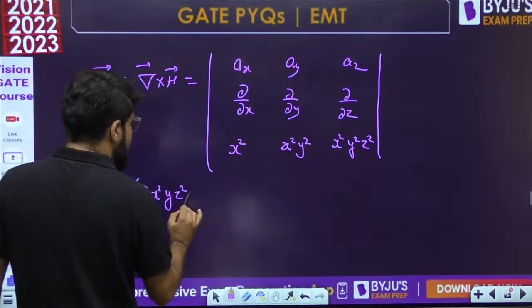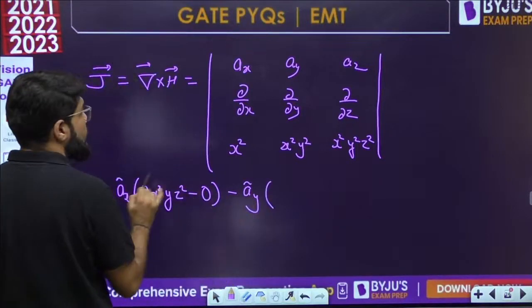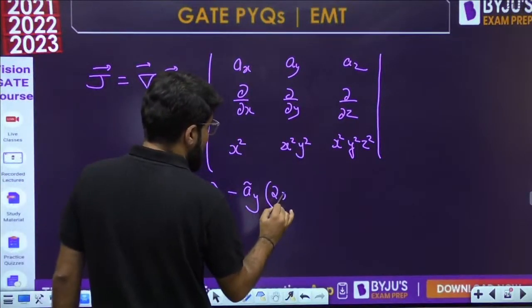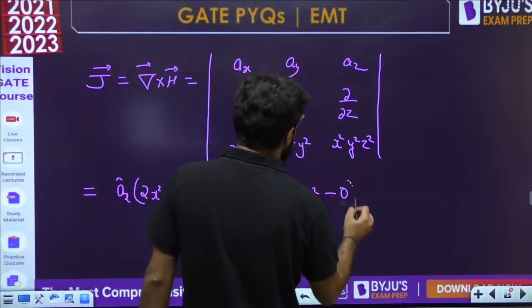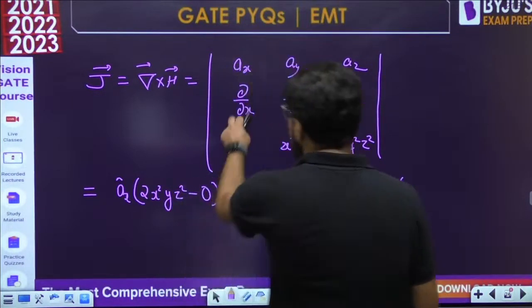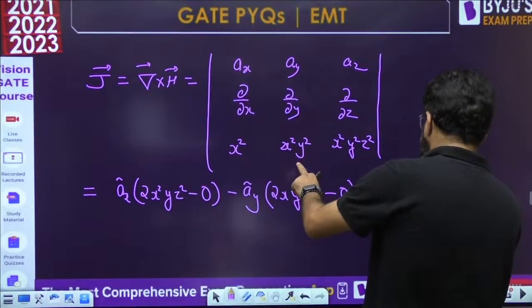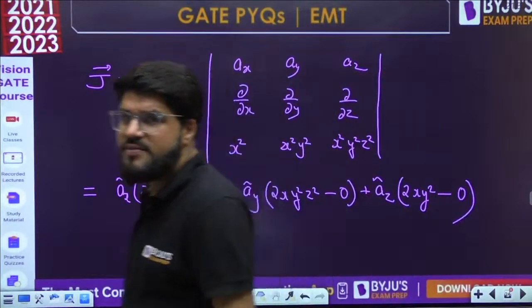Del by del z of the other term will be 0. Minus ay, del by del x gives 2x y square z square, and del by del z of x square is 0. Plus az, del by del x of x square y square gives 2x y square, and del by del y of x square is 0. Partial derivatives, keep in mind.